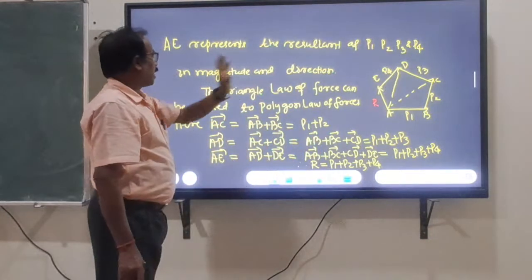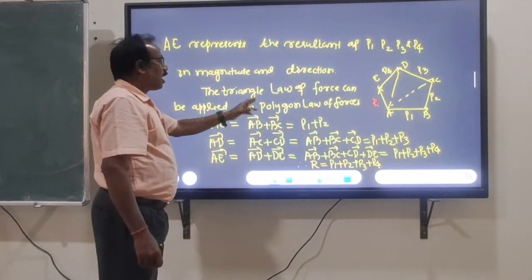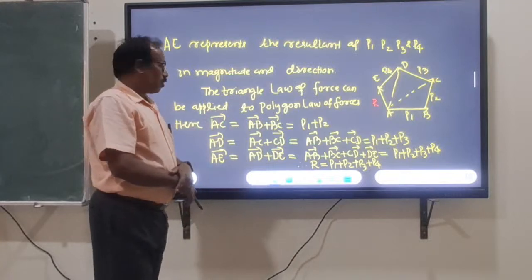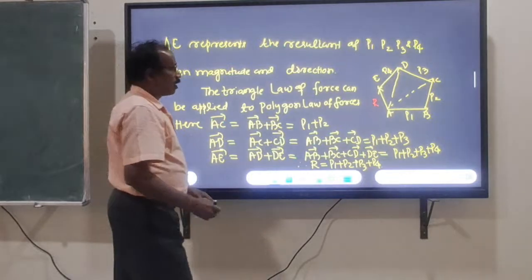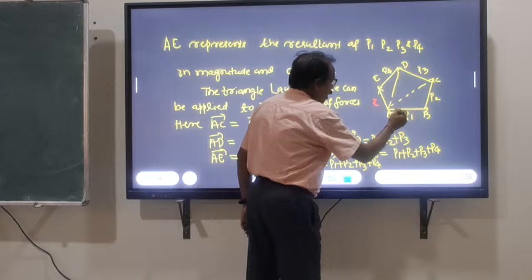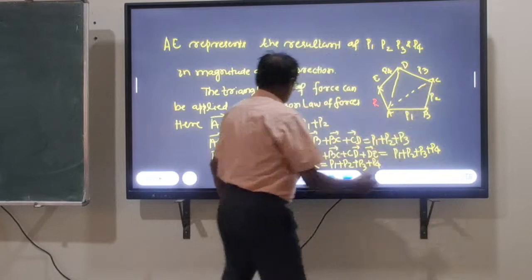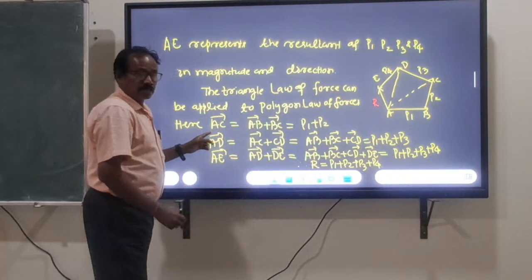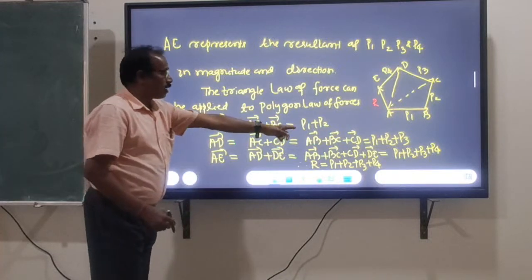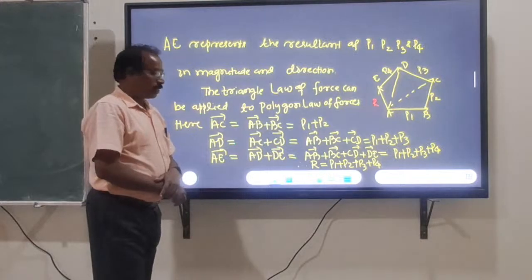In magnitude and direction. The triangle law of force can be applied to polygon law of forces. Here AC is equal to AB plus BC. AB is equal to P1 and BC is equal to P2.